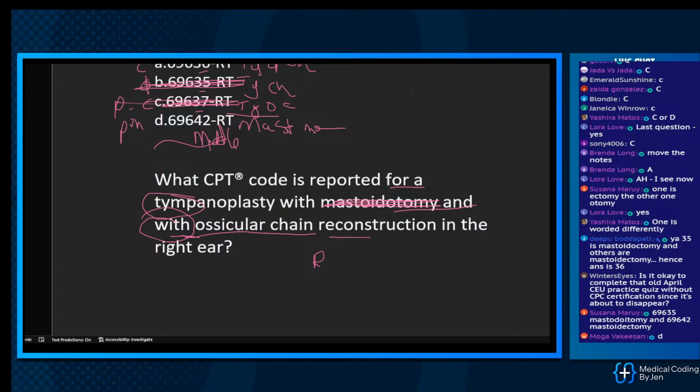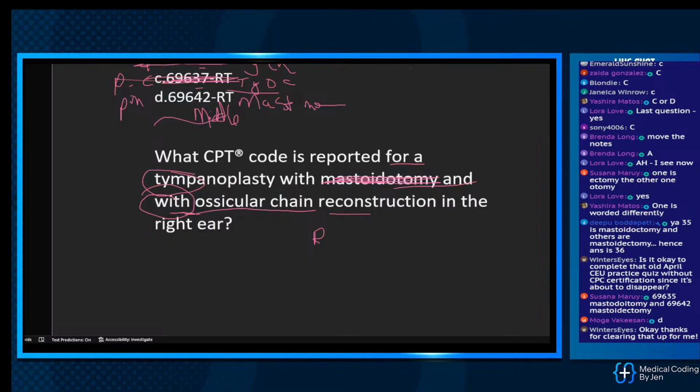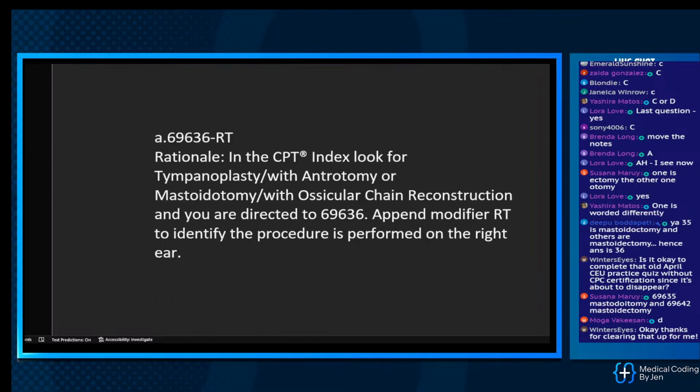It's an ectomy where your mastoid in your 35 is the one with the O in it. One tiny itty bitty letter, an O versus an E. And it is crazy how often that happens.